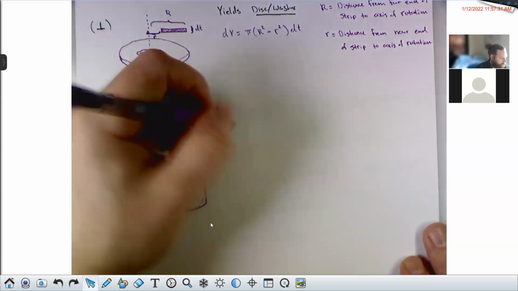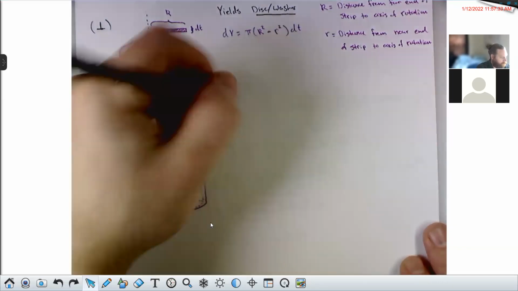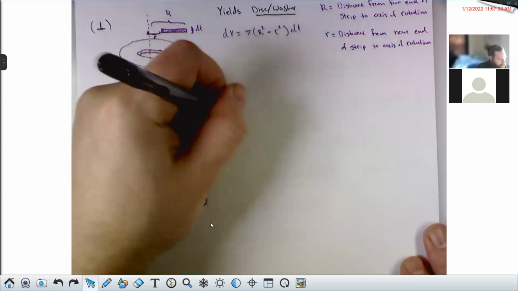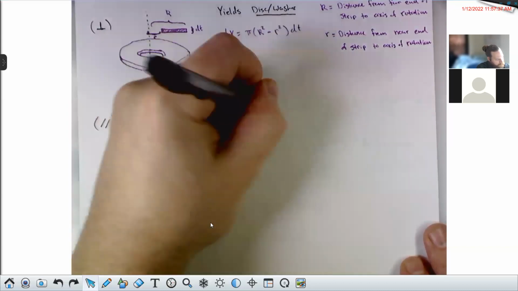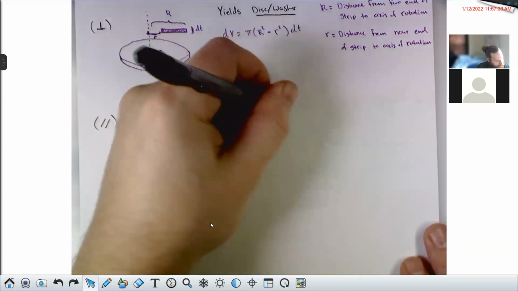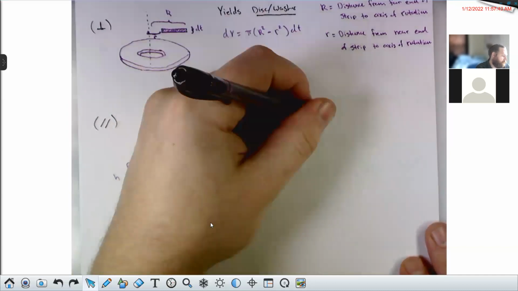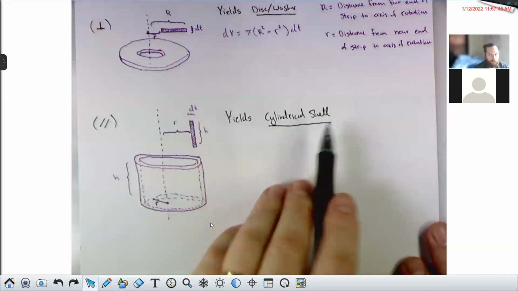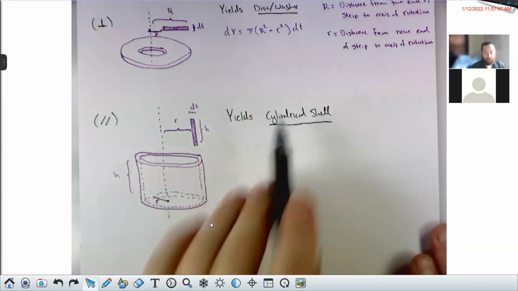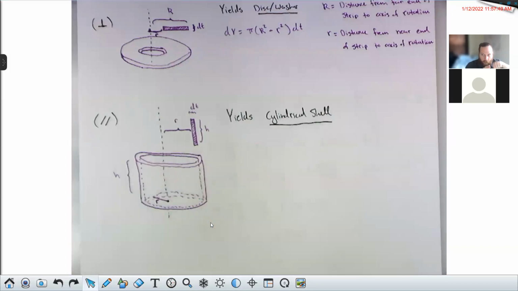So drawing the strip parallel yields a cylindrical shell. What those words mean, it's a shell of a cylinder, right? If you took a cylinder, but then punched out all the middle, so you just had a very, very thin shell shaped like a cylinder, that's the shape we're talking about here.